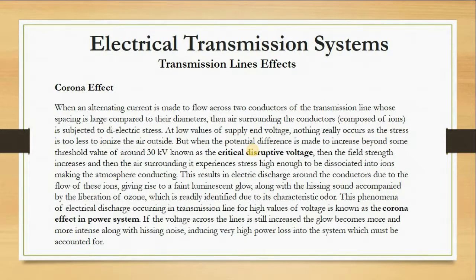So in high voltages, as current is flowing through the conductor, sometimes the air surrounding that conductor becomes ionized, and once it becomes ionized, it also becomes conductive. Sometimes it can even be prolonged, and you see some of the currents charging through the air and continuing along the line.